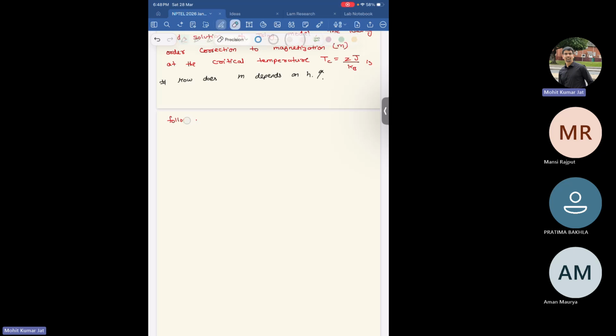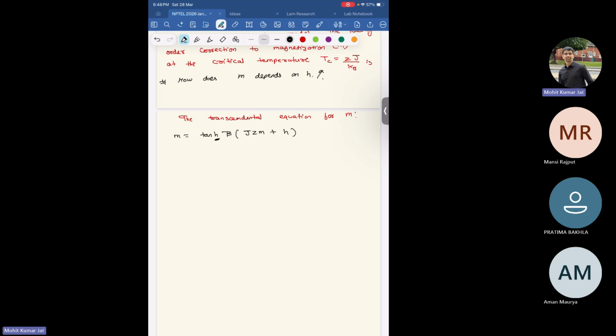So for the transcendental equation, you can follow the class notes for this equation. It has been discussed in the class by the professor. So it will be M = tanh(beta(JZM + H)), where M is the magnetization, and H is the magnetic field.